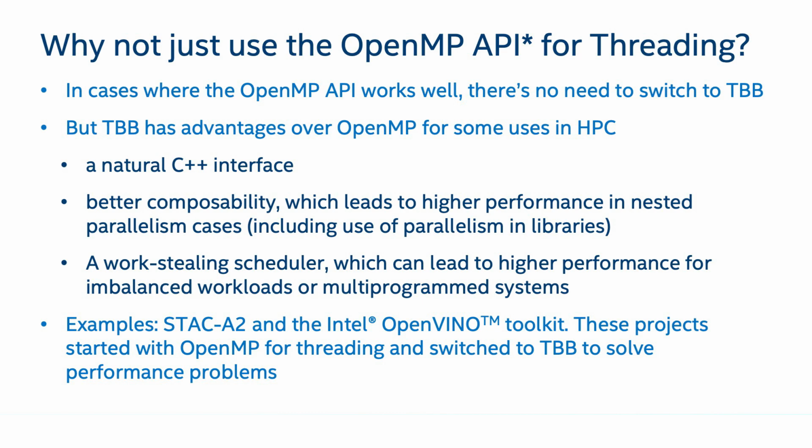TBB is designed from the bottom up for composability. It has a single shared thread pool. You can express parallelism using tasks. You can nest parallelism. You can have concurrent parallelism. You can have sequential regions of parallelism, and they're all using the same limited set of threads.